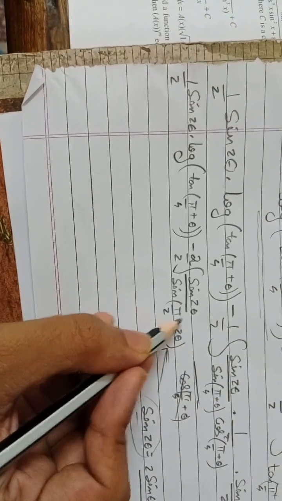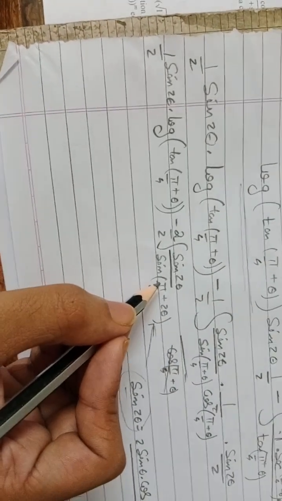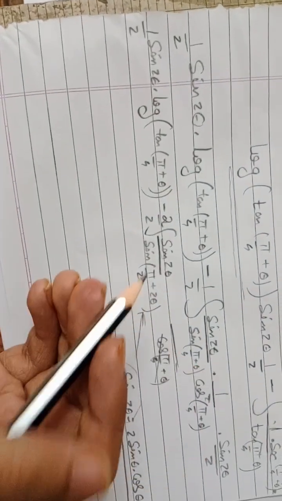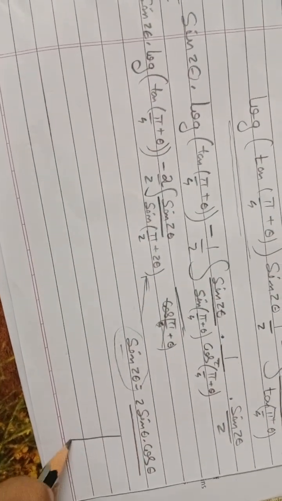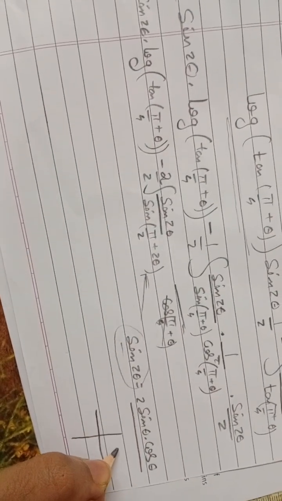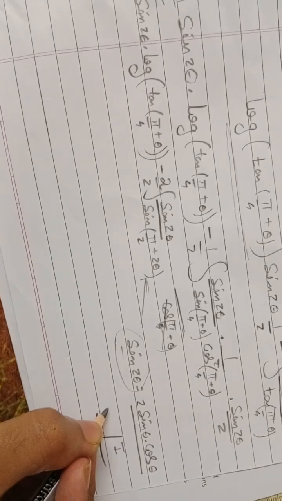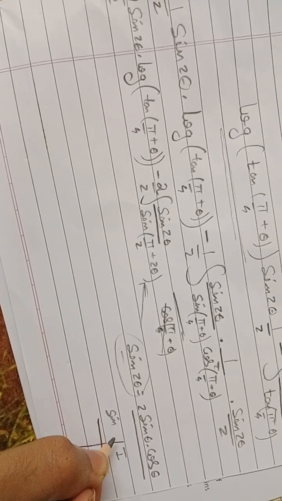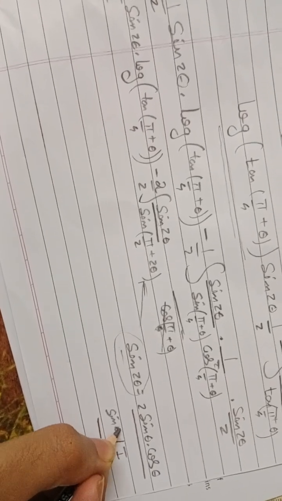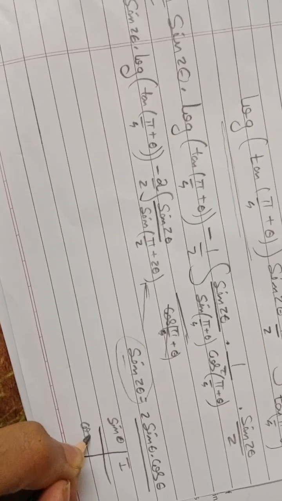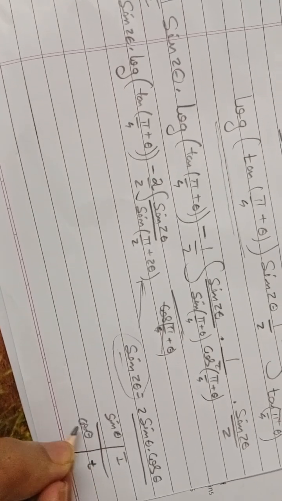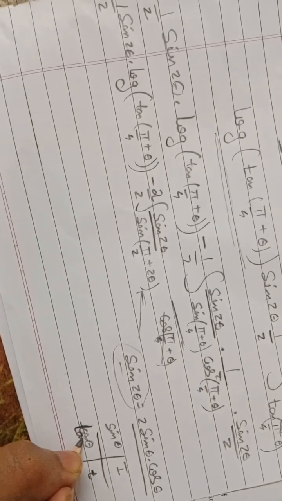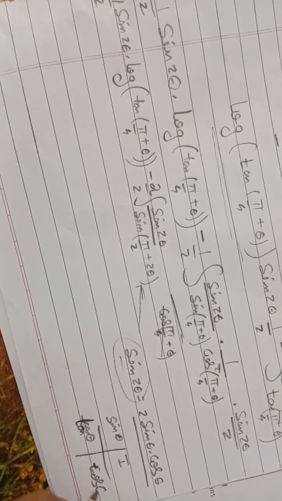And we know by allied angles that sine of pi by 2 plus 2 theta is just cos of 2 theta. And if we also know the quadrants: all are positive in the first quadrant, sine is positive in the second, so sine of theta is positive here, cos of theta is positive here, and here tan of theta is positive, and here cos of theta is positive.